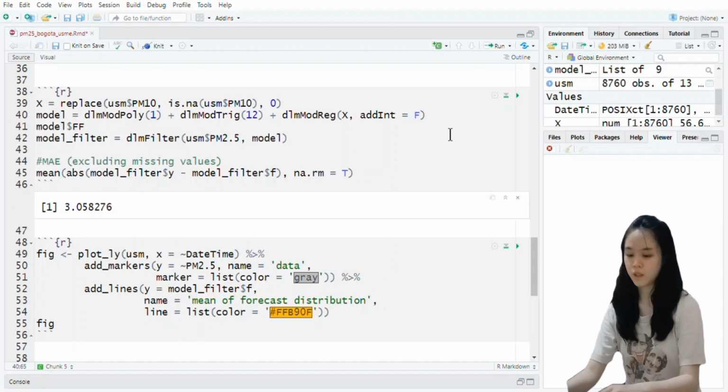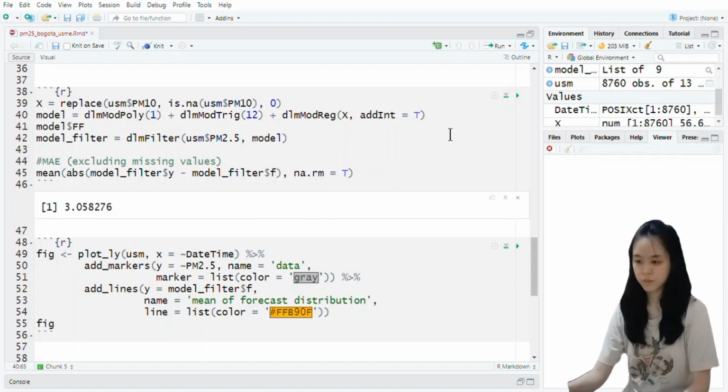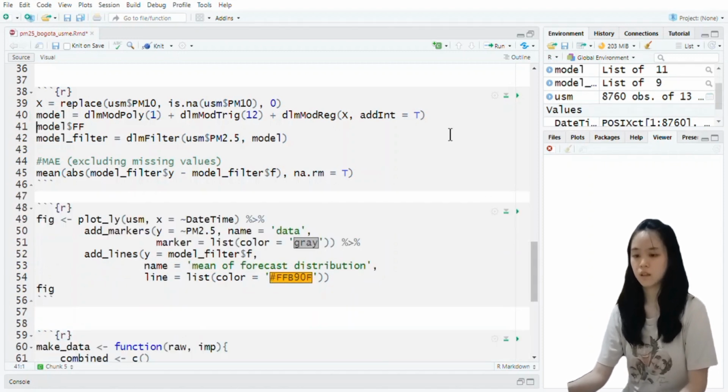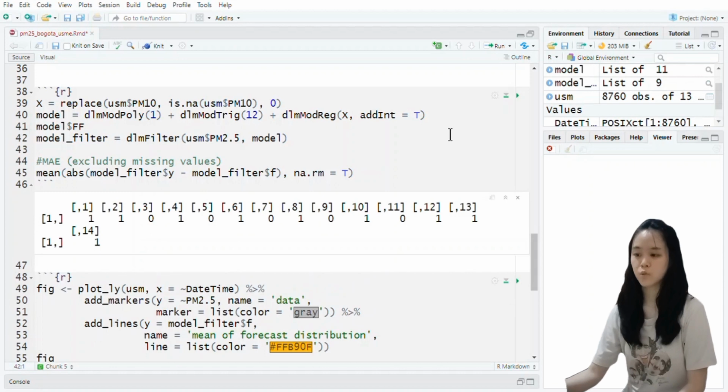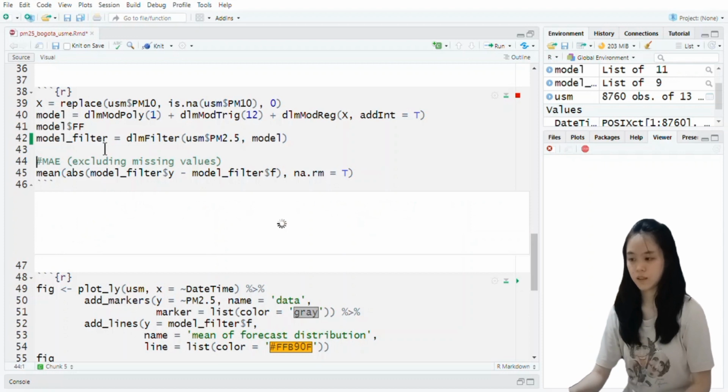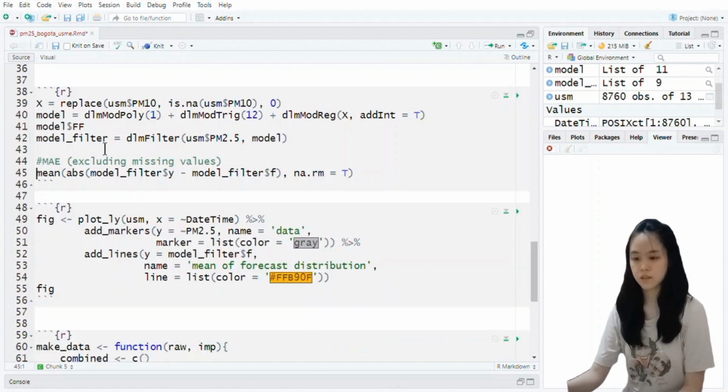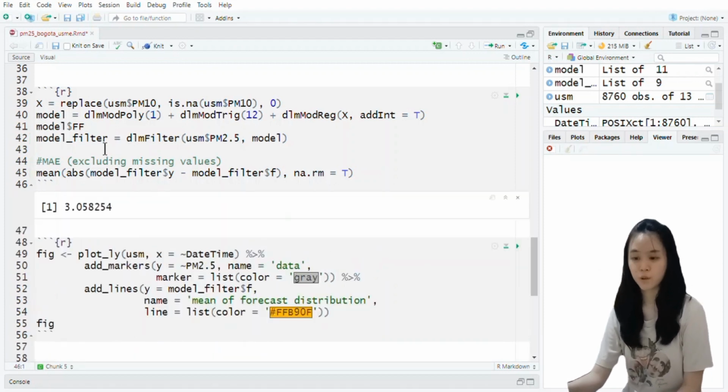Let's say that we add the intercept now in the regression model. Let's build that model again. Now, since we've added our intercept term, the variable adds 1, so that we have 14 now. And the mean absolute error by using that model is 3.05.